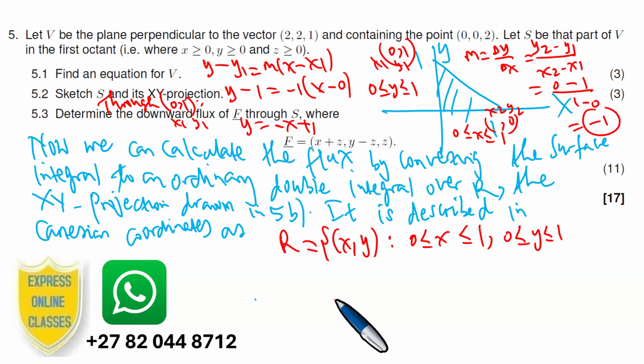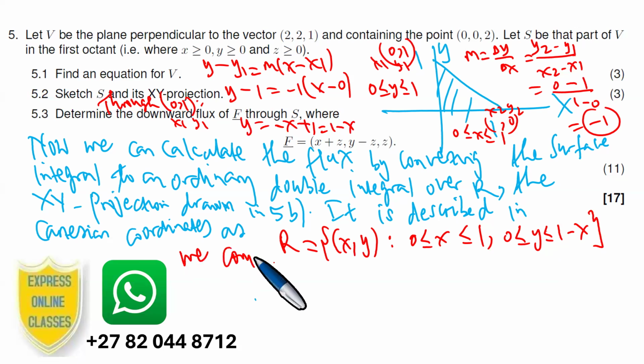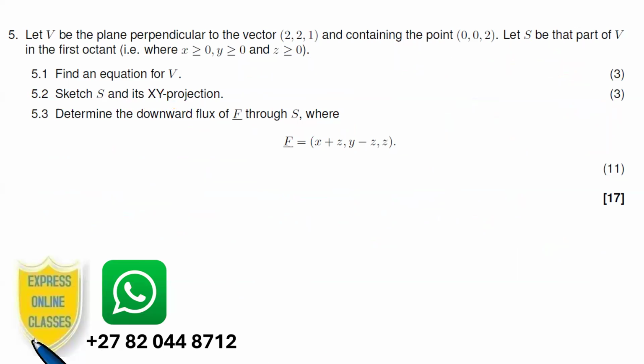This is the equation of the line. Or we can write it as 1 minus x. So that the y is also 1 minus x. Okay, and then you close like this. We want to compute the following.